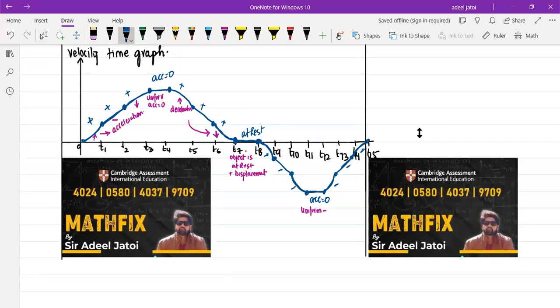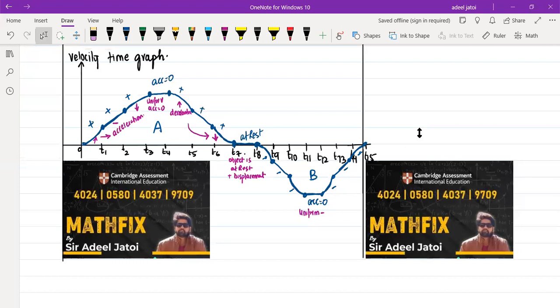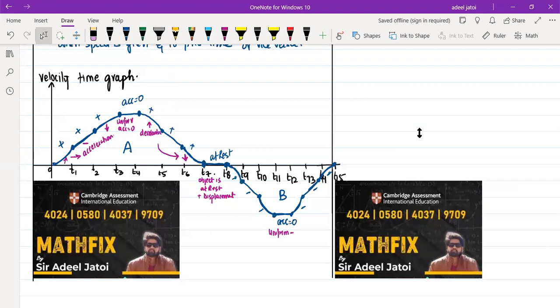So let's just say this is A and this is B. You need to understand that area of A plus area of B will be the total distance covered.